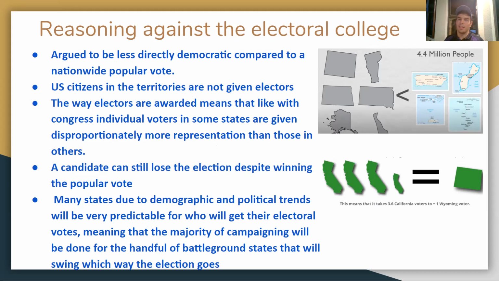So mathematically, a small state has at least 3 electors to represent its population. They could have 1 person in their state and they'd still get 3. They don't have that few, but some of them do have like 500,000 instead of 40 million. Whereas with the 2 senators, the larger your state gets, that's a disproportionately smaller amount of representation.